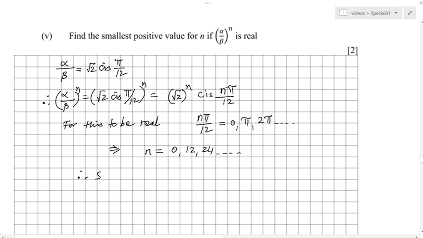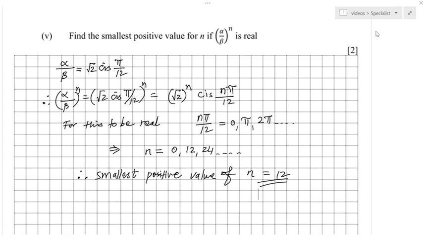Therefore, the smallest positive value of n is equal to 12, and that's your answer. And that is question number 4, and we are going to stop at that.